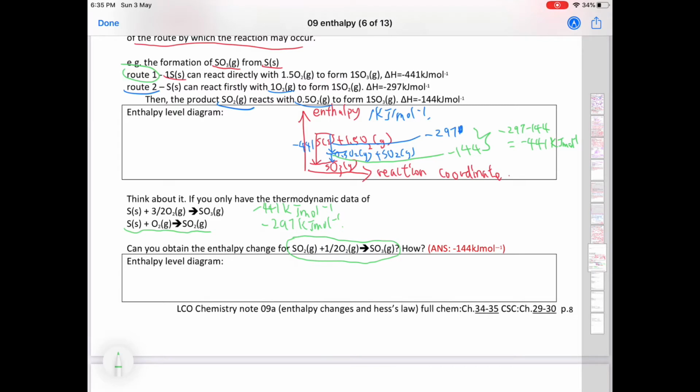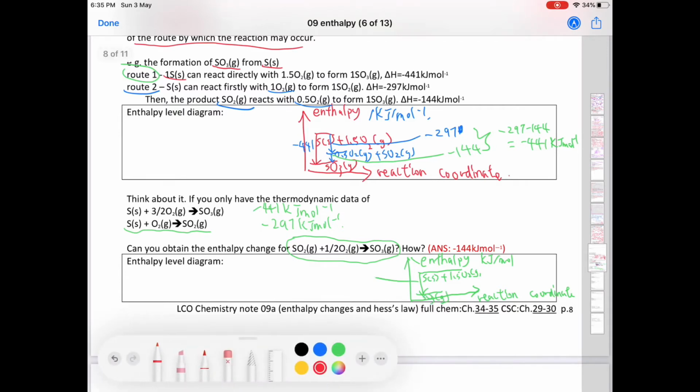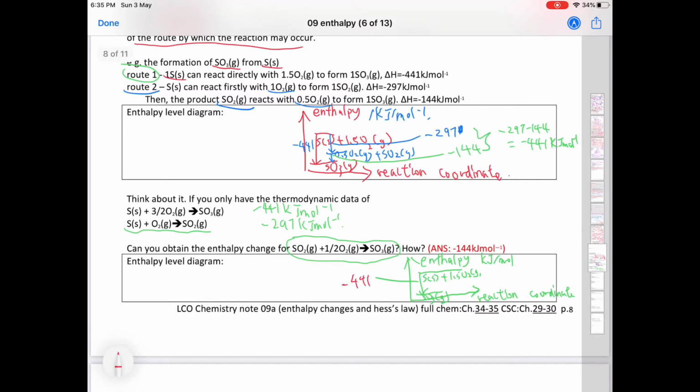Now can we find out the rest, that is the enthalpy change of this? And maybe we draw the enthalpy level diagram again. The idea is like this. Okay, first of all, it is S solid and then 1.5 O2 gas, and then it can become SO3 gas directly, and the enthalpy change is negative 441 kilojoule.